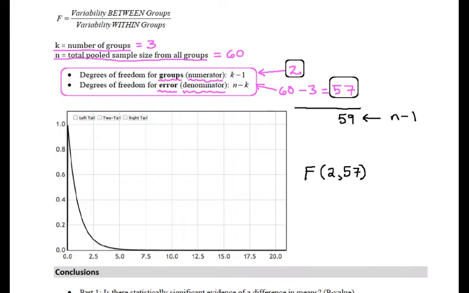Our F statistic, remember, was F equals 20.679. We can see this goes out to 20 here. This is about 20 and a half, so probably right about here is where our F statistic is. And therefore our right tail is very tiny, and we would have a p-value very close to 0.